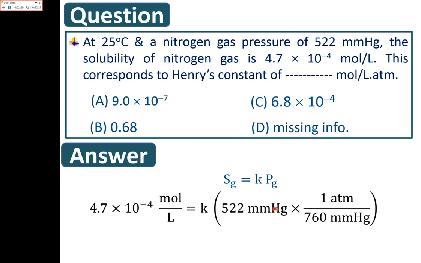But it's given in millimeter mercury, so we will convert this to atmosphere by dividing by 760 millimeter mercury. So now we can calculate K to be 6.8 times 10 to the power of -4, so the correct answer will be number C.